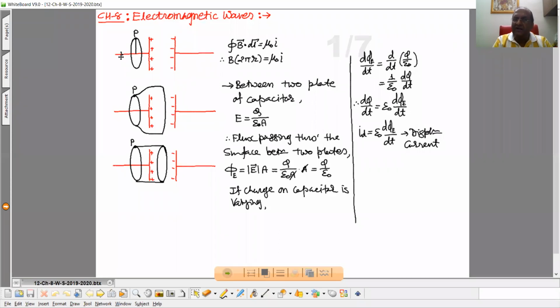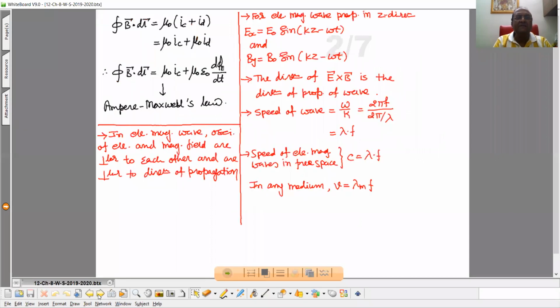So when the conduction current is there in the wire, at that time displacement current is not there. And between two plates of the capacitor, where there is the displacement current, there is no conduction current. So net current he represented by conduction current plus displacement current. So one can write mu 0 into IC plus mu 0 into ID.